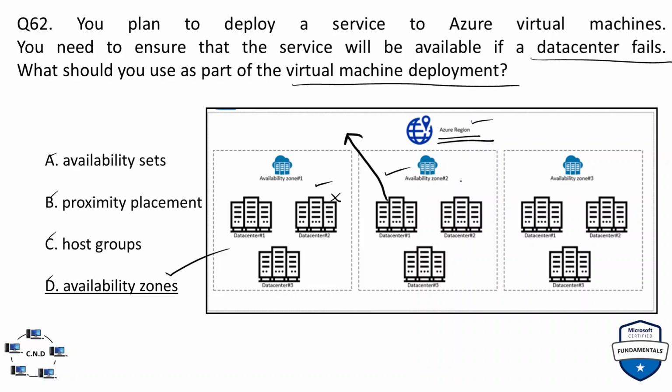So that is the feature of the Azure high availability, that at the very high level we have the regions. Inside the region we have multiple availability zones. Inside each availability zone then we have multiple data centers, and again inside the data center we have the redundancy at the server level and the hardware level. So that is all about the high availability.